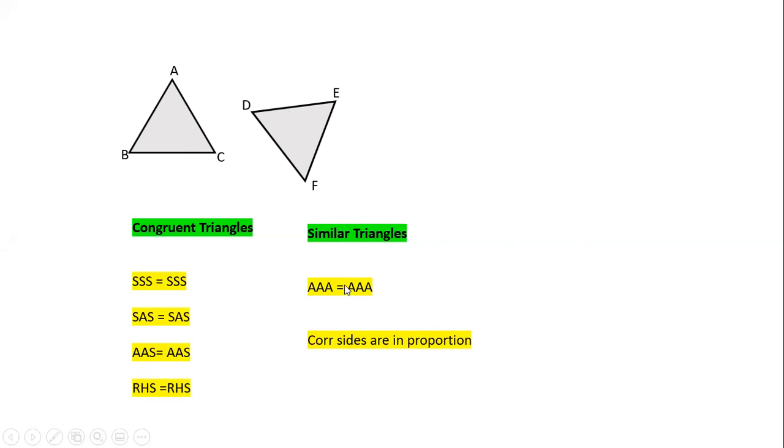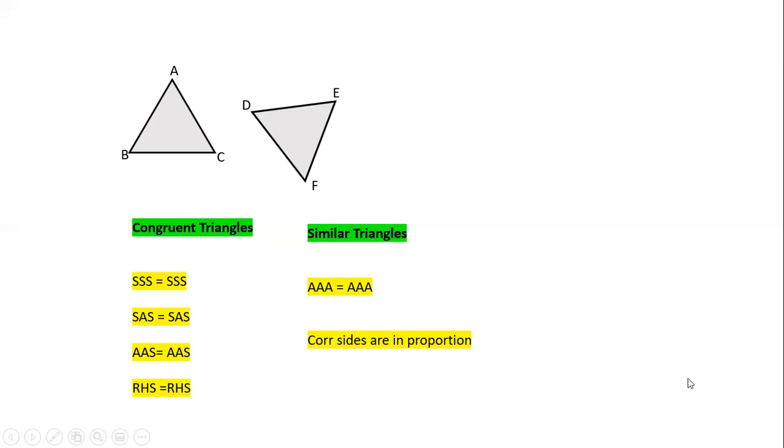So we use these equiangular concepts a lot in circle geometry, so we should remember them. And the conditions for congruent triangles, we use them a lot in circle geometry. So you should remember these 4 points that make two triangles congruent. Very important for circle geometry.